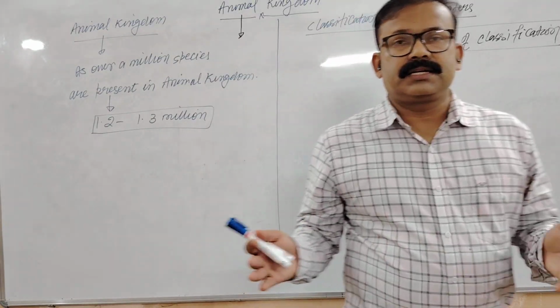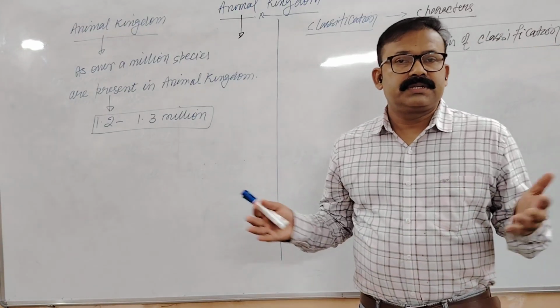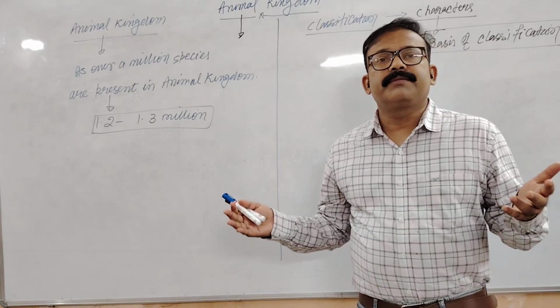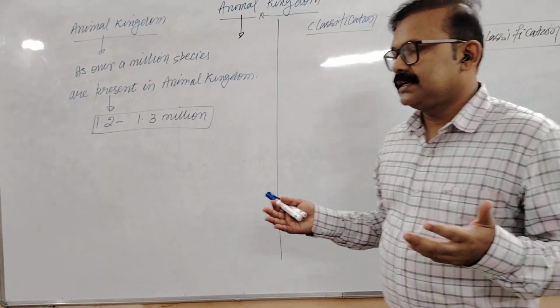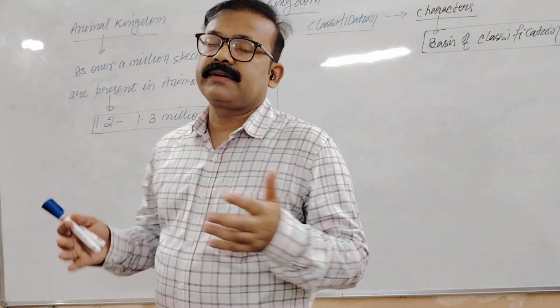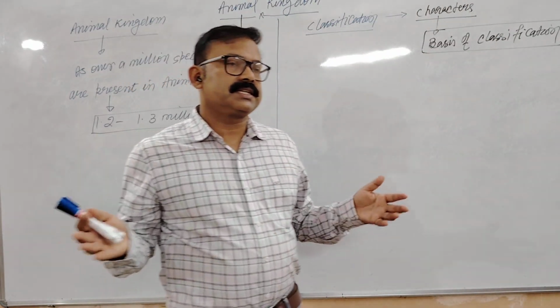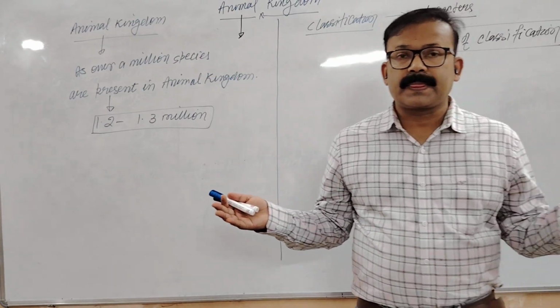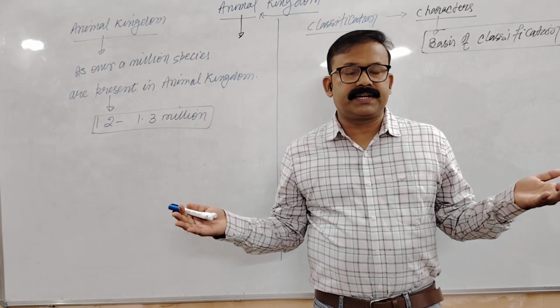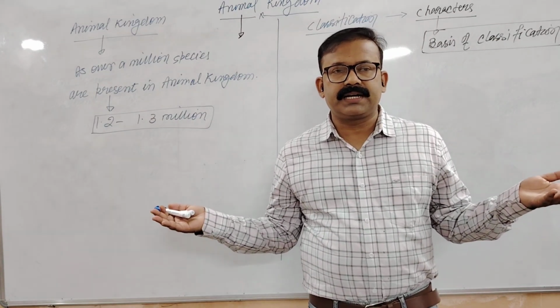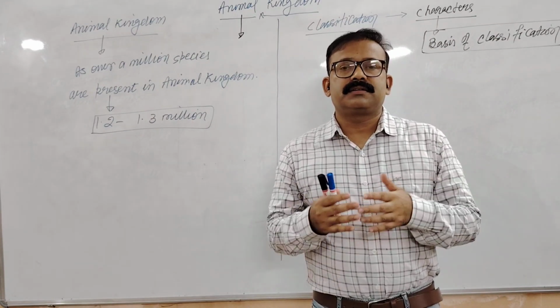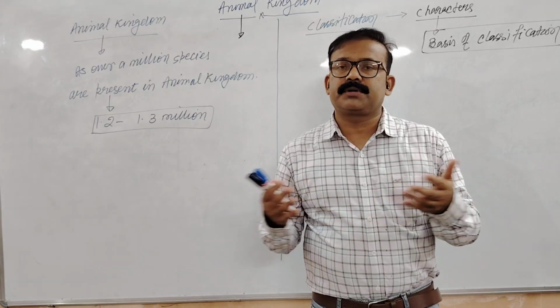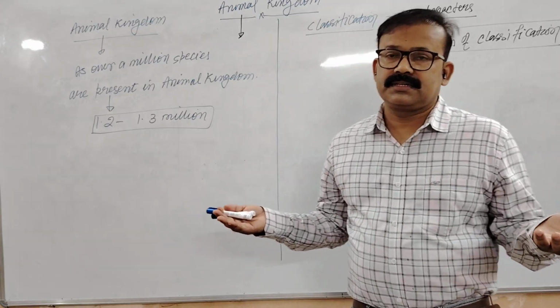Although you will find that the animals have many differences between them, you will also find certain fundamental similarities. In your class, nobody is exactly similar. All the students are different as far as their height, body color, shape of the nose, and shape of the earlobes are concerned.